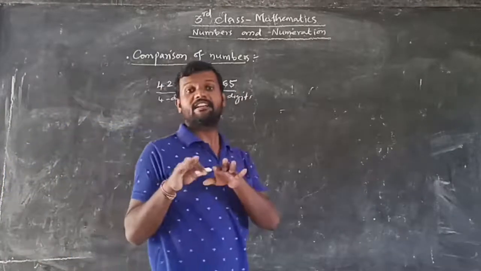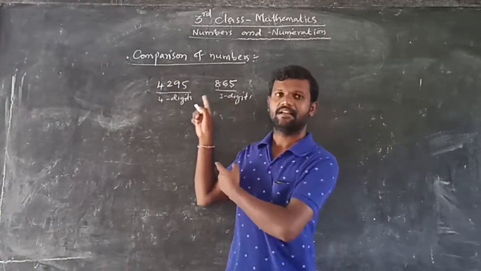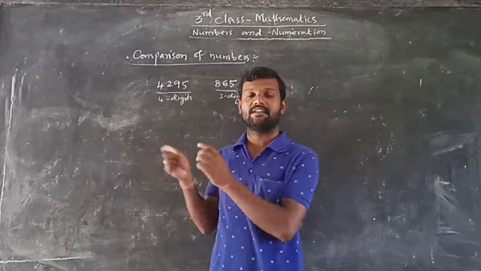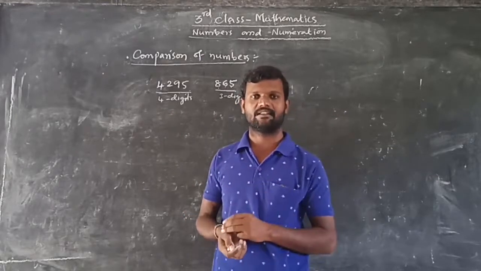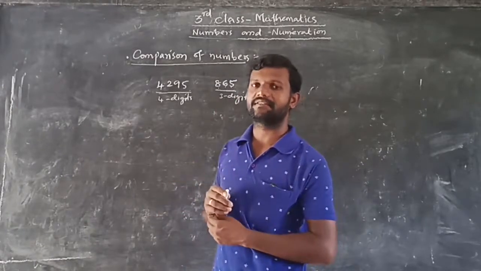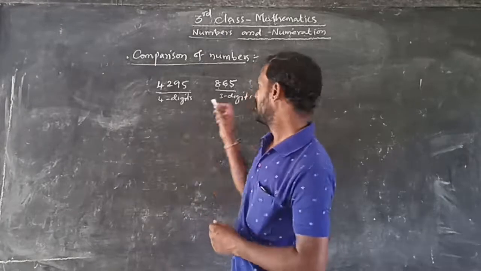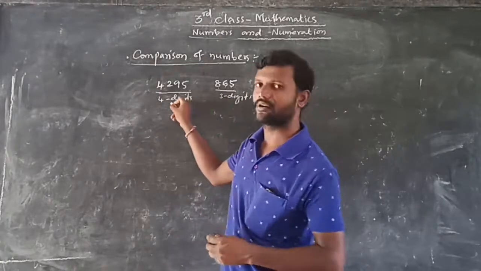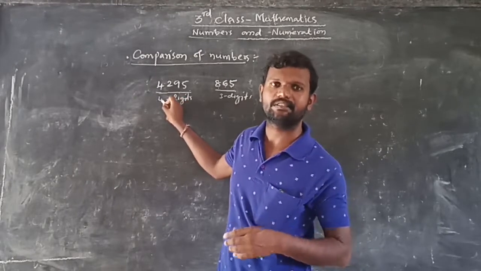If there is a different number of digits like this, here 3 digits and here 4 digits, then the number with the maximum digits is the greatest one. Here 3 are there and here 4. Which is more? 4 digits is more.